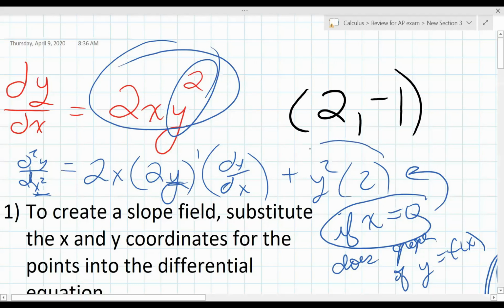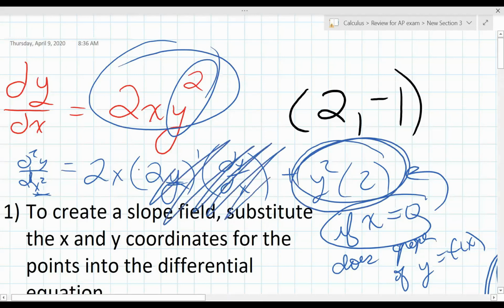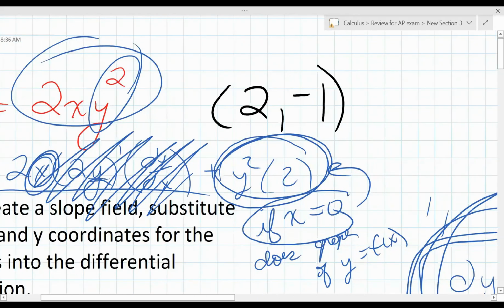So this piece here is always positive. The only wrinkle is, this part's gone, right? Because if x is 0, this whole thing drops out. The only thing we want to be sure is that we don't want y to be 0, right? Because if y is 0, then we're at maybe a point of inflection, right?